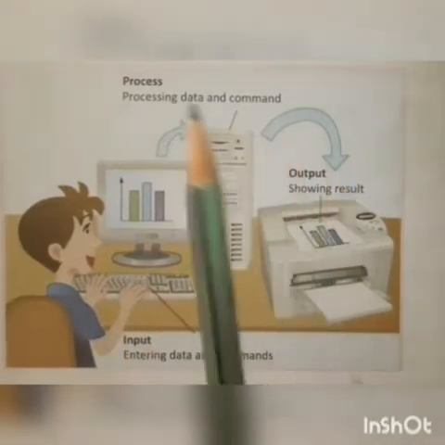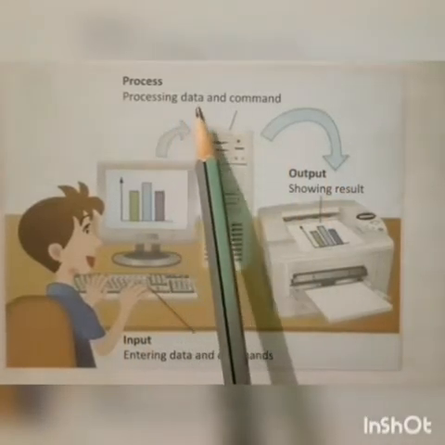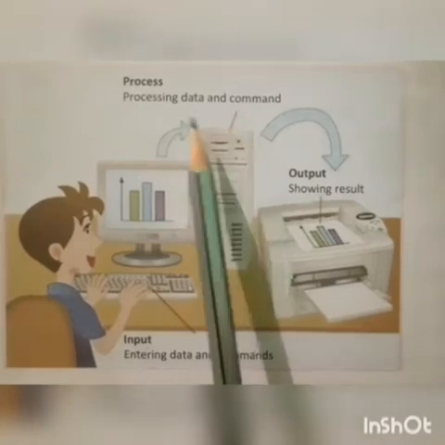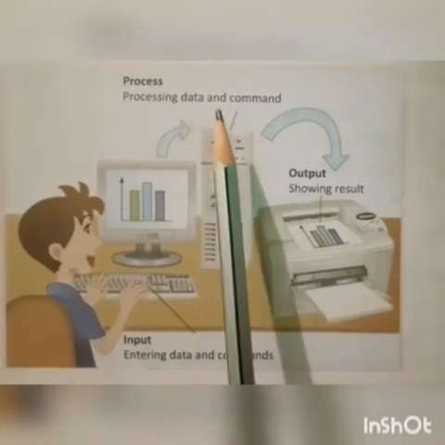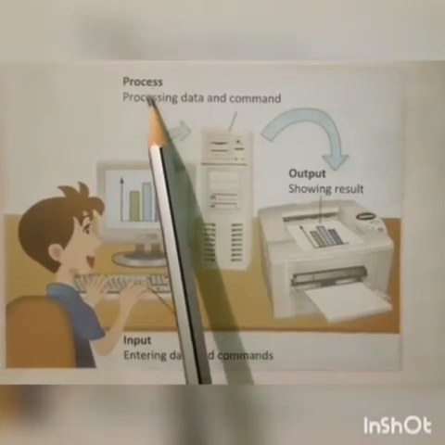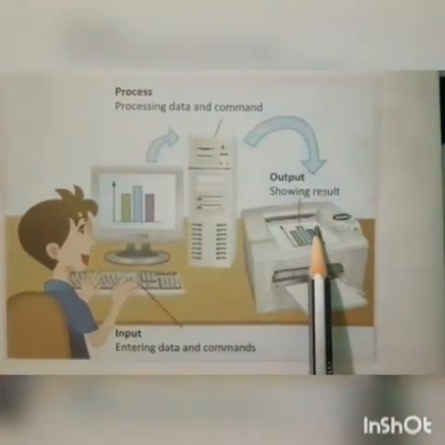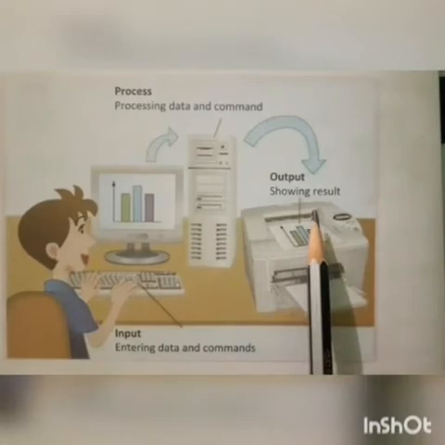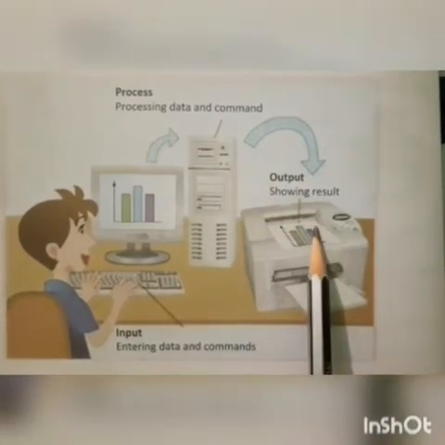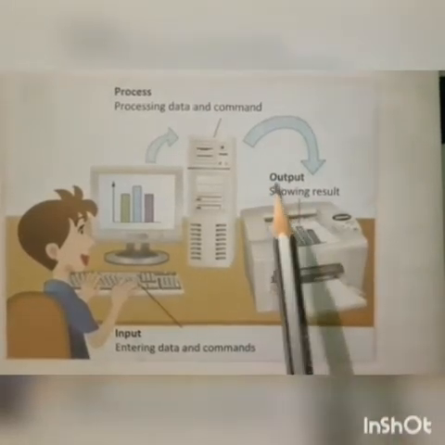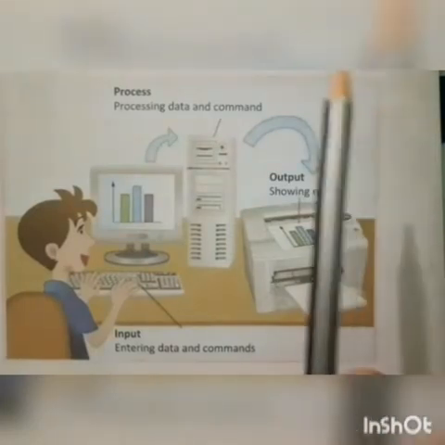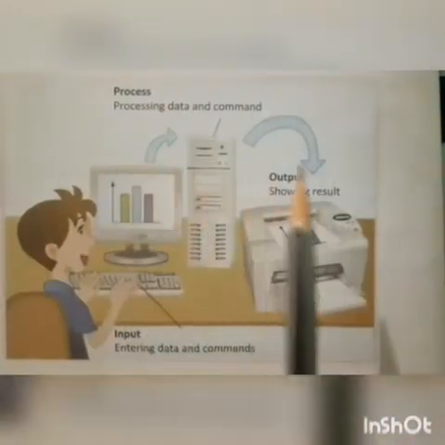After that, processing is done on that data and command, meaning the action that a computer performs on data is the processing, and the result which is shown or given by a computer is called the output. So this is how a computer works on the IPO cycle.